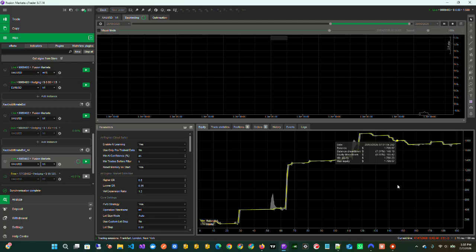If you want to see some of the features that this bot has, you can check the previous version. It has a trial version, and you can download the trial version and see how it goes.